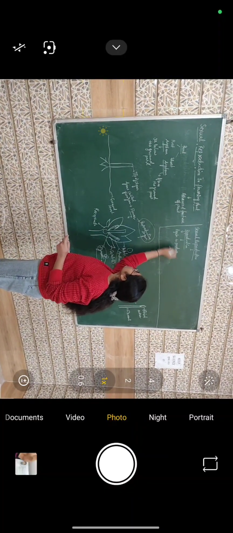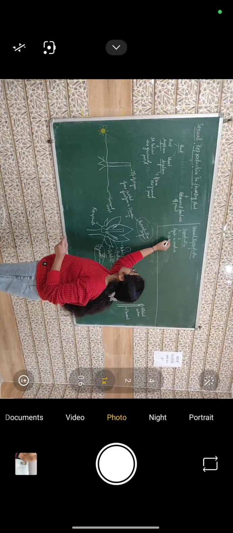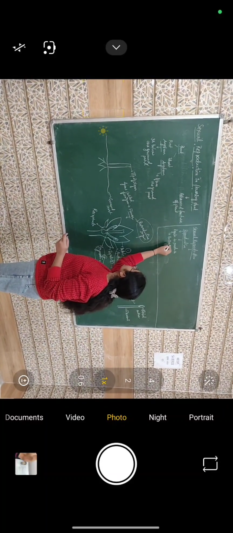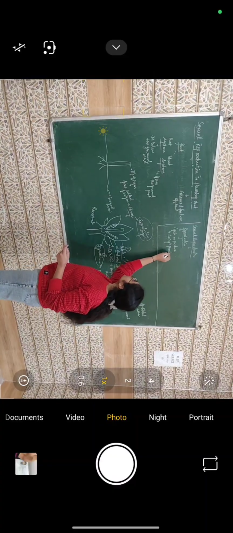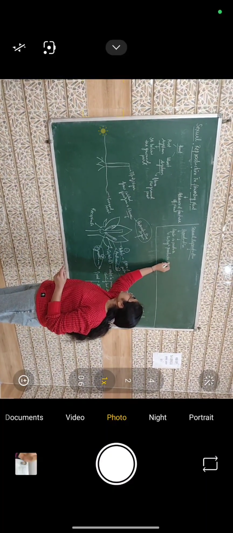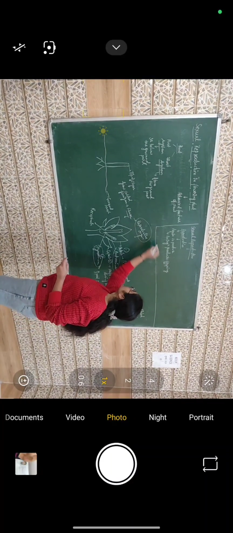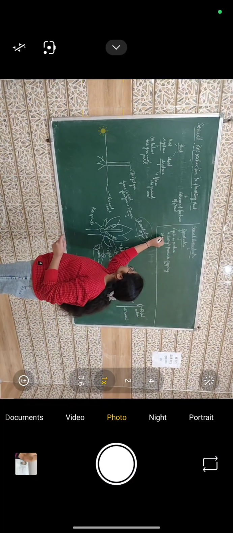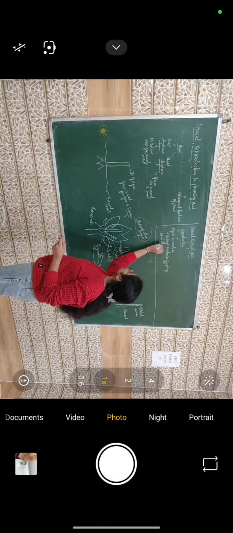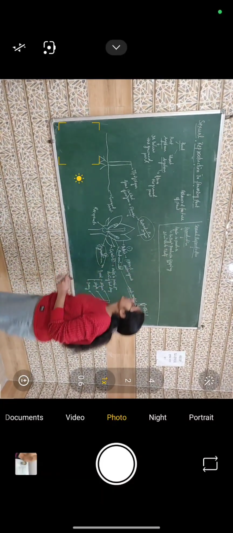So when an organism produces offspring similar to itself, it is known as reproduction.